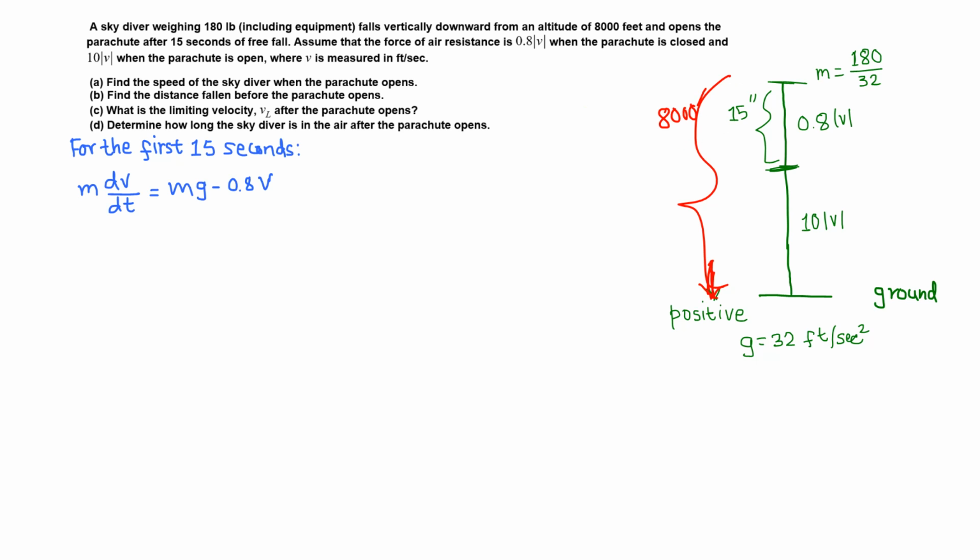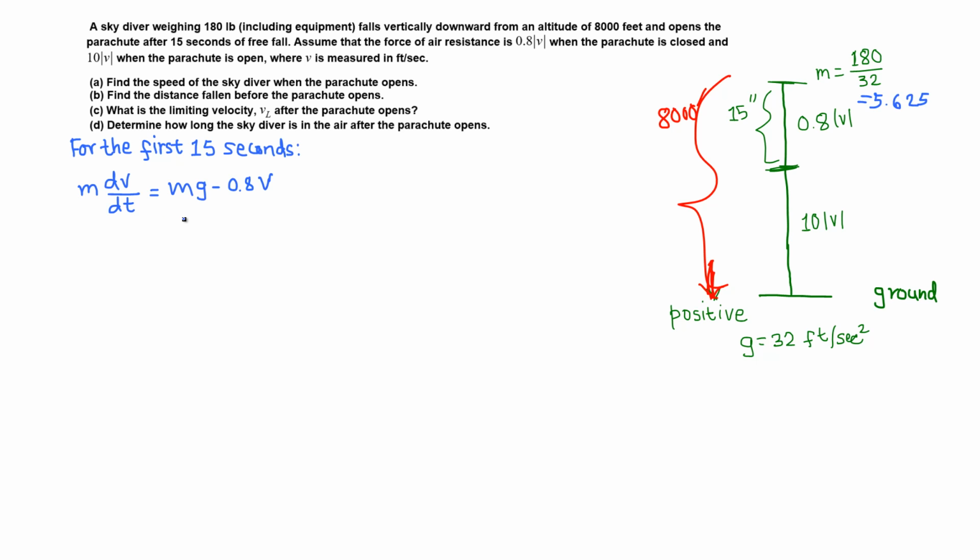Now for the first part of the motion, Newton's second law gives m times acceleration, m dv over dt, equals weight mg minus the resistance 0.8 v. Divide both sides by m, and m is 180 over 32, which is 5.625.